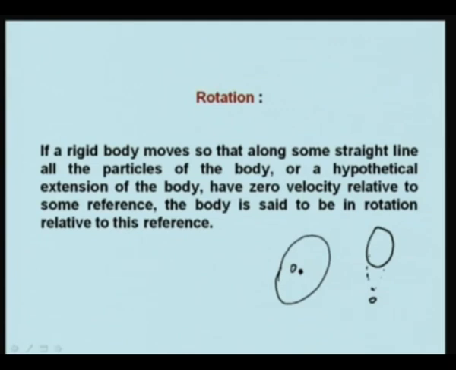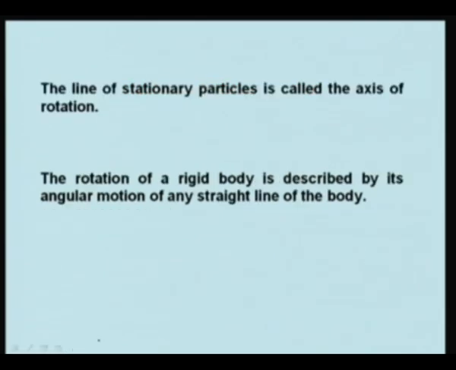In that case, we make a hypothetical extension as if there is a body and its particles follow the same kinematics. The line of stationary particles is called the axis of rotation. So, when the body rotates, there is one axis of rotation.